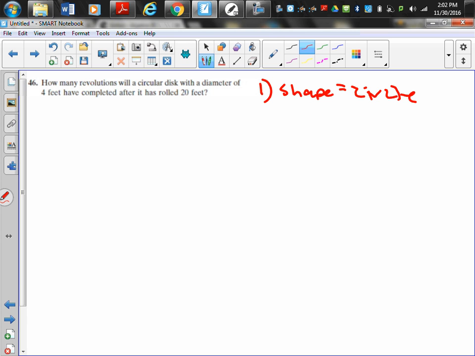All right, so what was the second question that you asked? What is the question asking? What am I being asked to find? So, what is being asked in this question? What math vocabulary word am I going to use? Revolution.